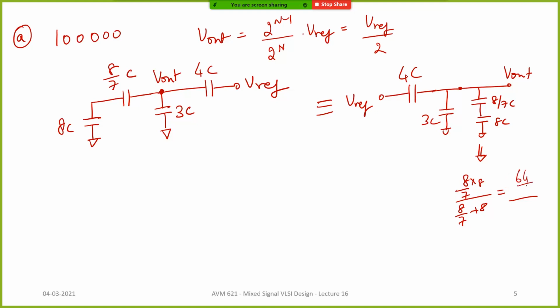So you'll have 64 by 7 in the numerator. This is what? 56 plus 64? Sorry, is this 1?